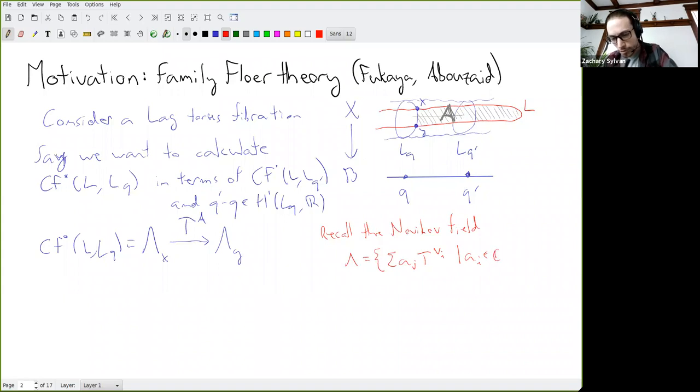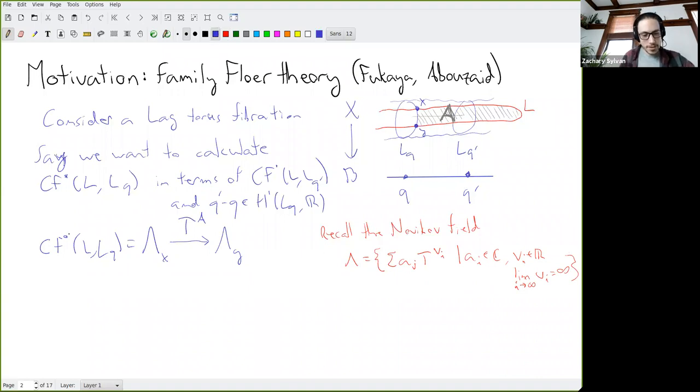I'm going to just work over C, but you could work over something else. And v_i are in R, and they go to infinity. Okay, there's our Novikov field.